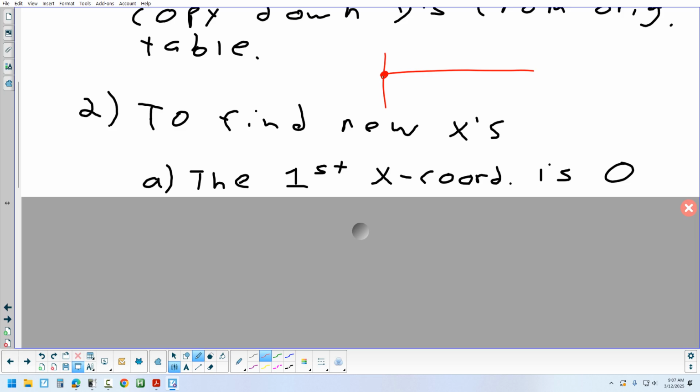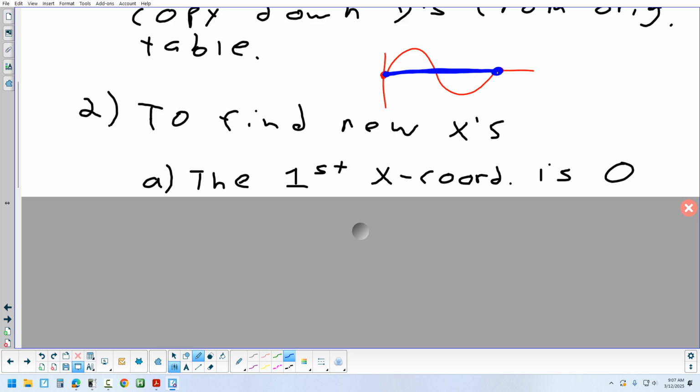The next point we want to find in our graph is this one. That's going to tell me where the wave ends. Okay. What do we call the distance from here to here? It's the what of the graph? Period. It's the period, right? So the way that we're going to figure out where this coordinate is, we just have to know how long that blue line is. That tells us exactly where this dot is going to be.